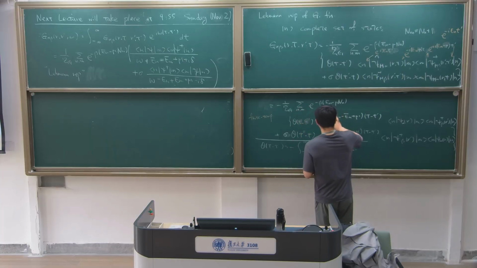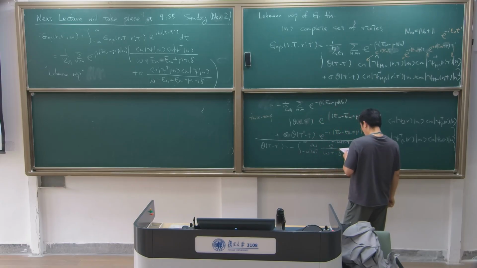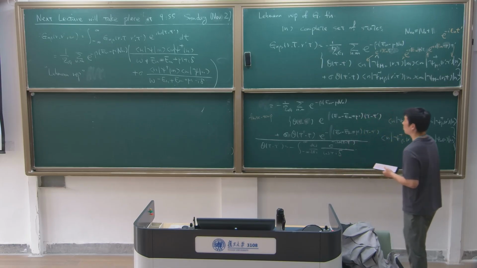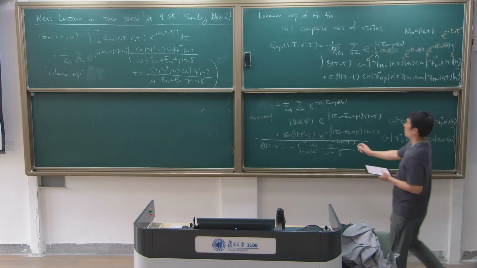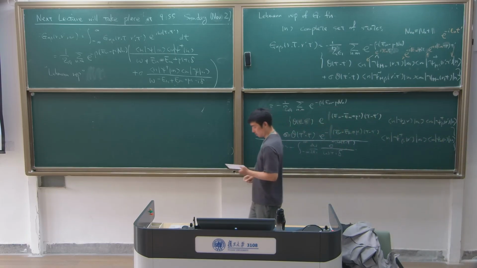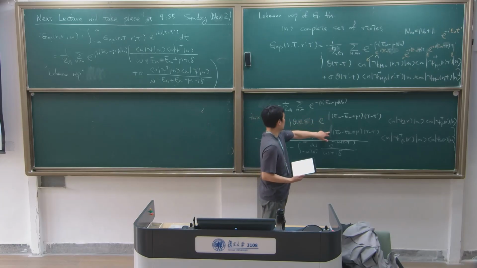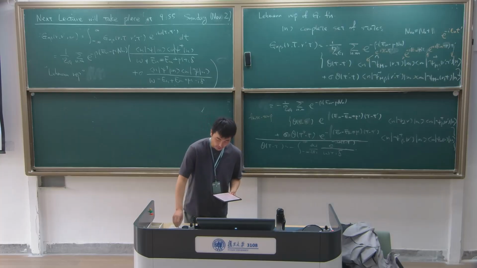And tau prime, and then here there's no i here, and there's no i here. So just erase i here, and then replace t by tau. That's the finite temperature.